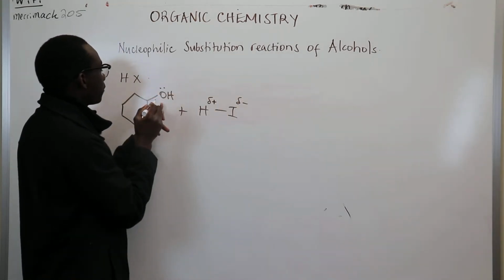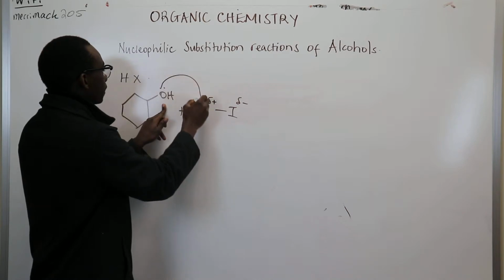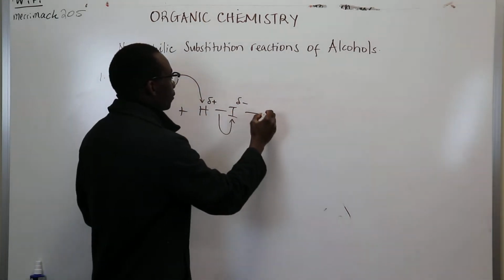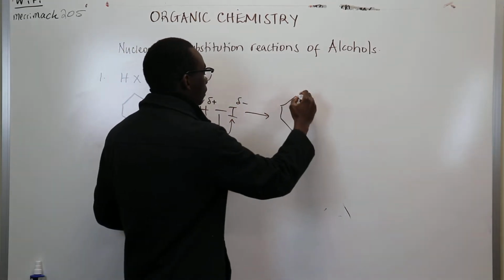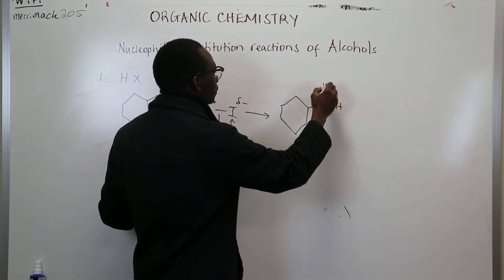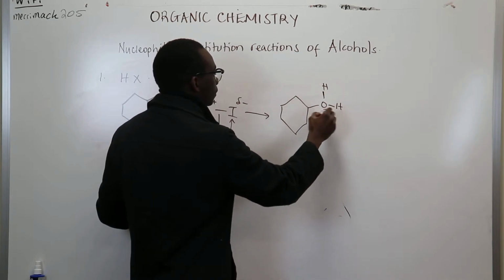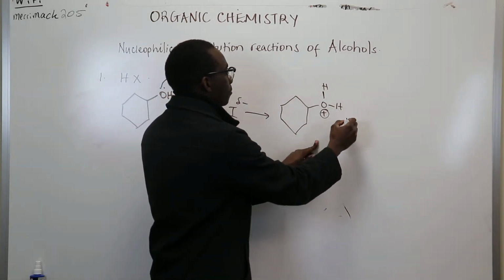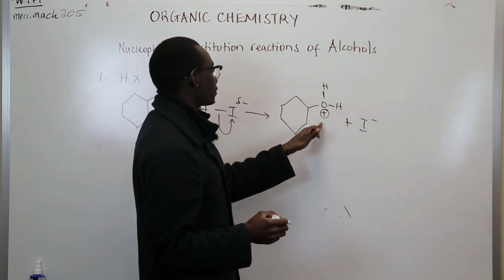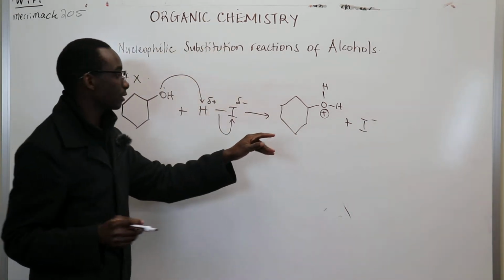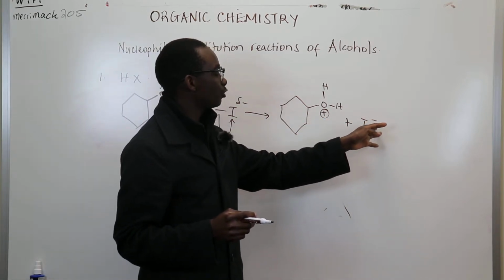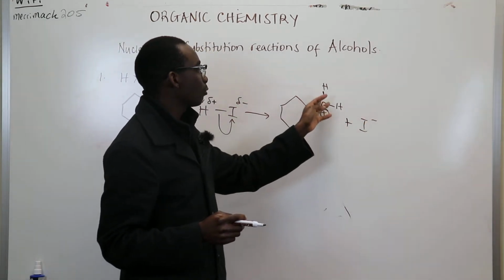So the lone pair of electrons will attack the hydrogen, this bond breaks off, and then we form a high energy complex, which is this structure plus iodide. Remember we said that in primary alcohols the reaction occurs as the nucleophile attacks and this bond breaks off.